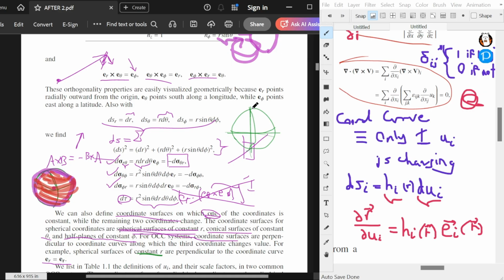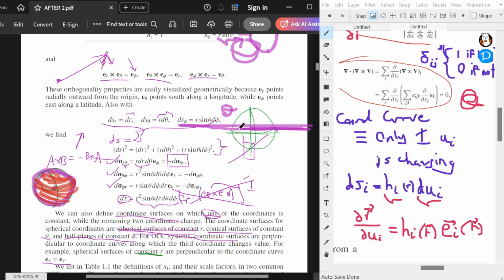Okay, let's say theta is constant, so we can't move in this direction anymore. We can't move in this direction anymore, but we can increase the radius. Our point is here.